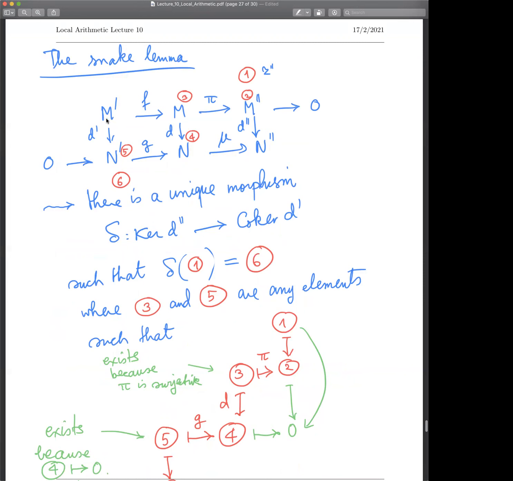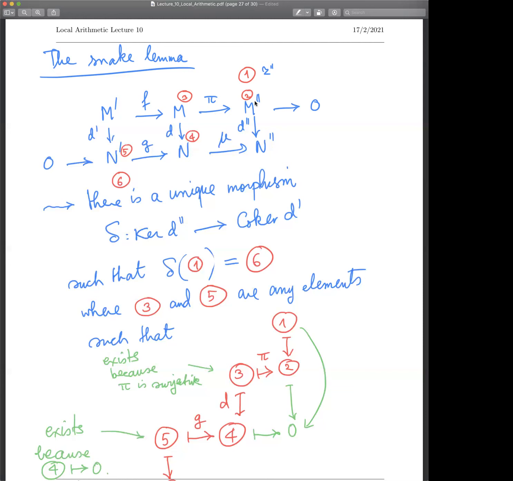It says that if I have an exact sequence M prime to M to M double prime to 0, and an exact sequence 0 to N prime to N to N double prime, and these vertical maps d prime, d, d double prime, such that both these squares commute, then the first claim is that there's a unique morphism from the kernel of d double prime to the co-kernel of d prime, such that 1 is taken to 6.